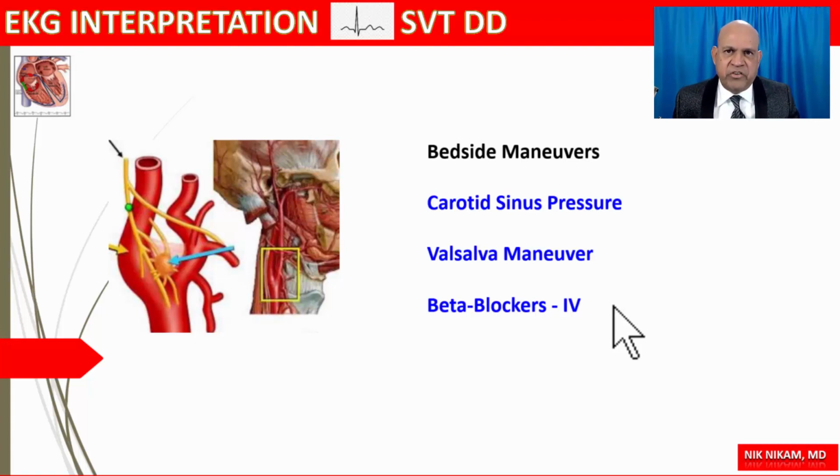So these are some of the bedside maneuvers that might help us to identify the origin of the supraventricular tachycardia, be it from an ectopic focus in the atria or be it from a circuit within the right atrium creating atrial flutter, or it could be multifocal atrial tachycardia.